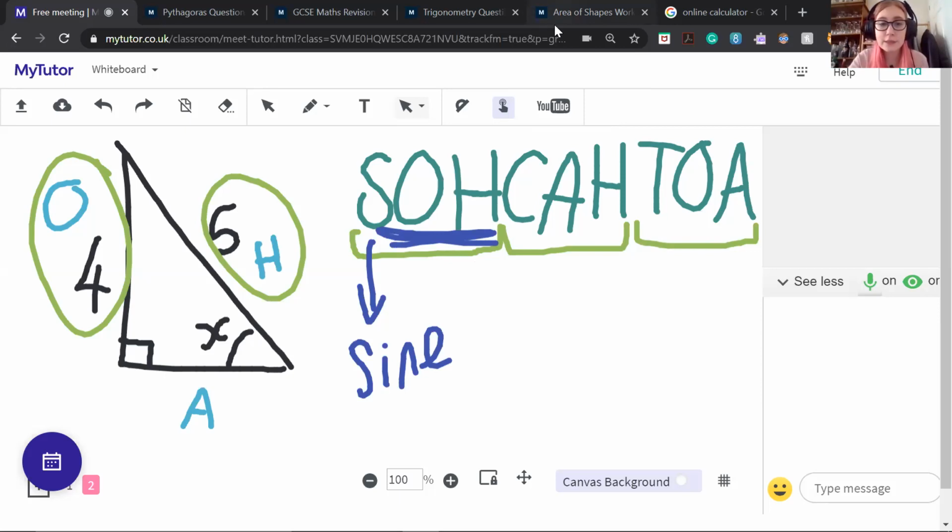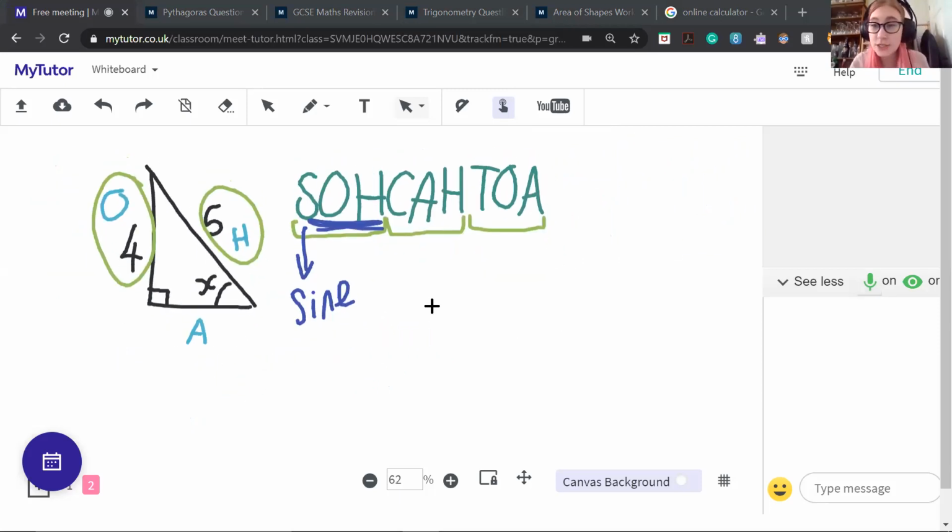Someone's asked me to explain which side is what. When I do the next one, I'll carefully explain it again. And then, this is the important bit, how to actually use it. We set up the same equation every single time, and it follows this format: the trig function that we've decided on of the angle is equal to this over this.